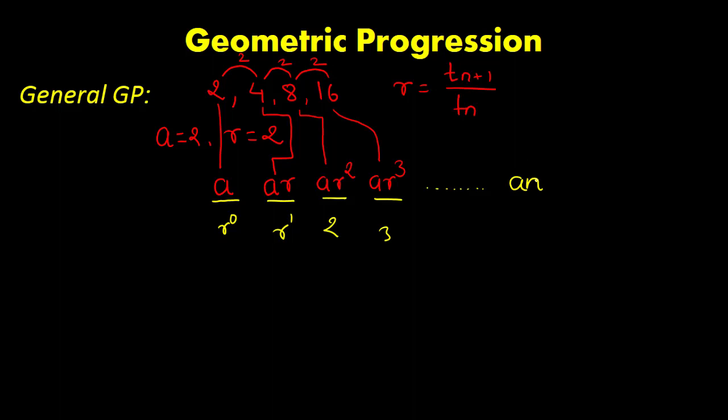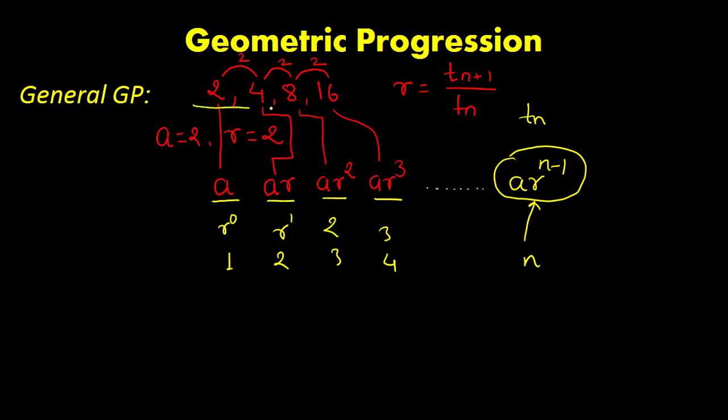That will be R raised to power n minus 1. This is the nth term, in which the power of R is n minus 1. So this becomes our general nth term of a GP.